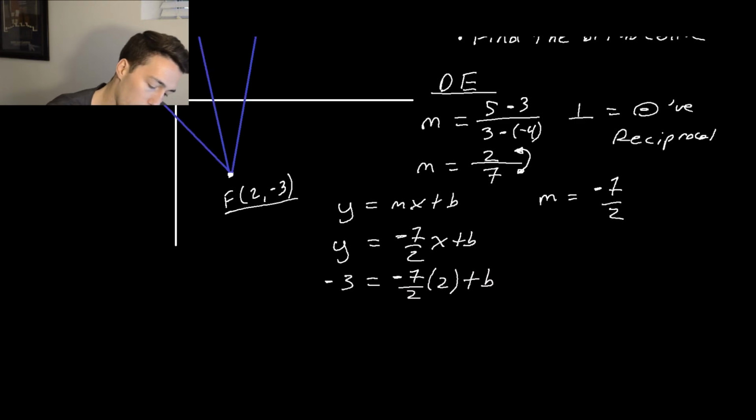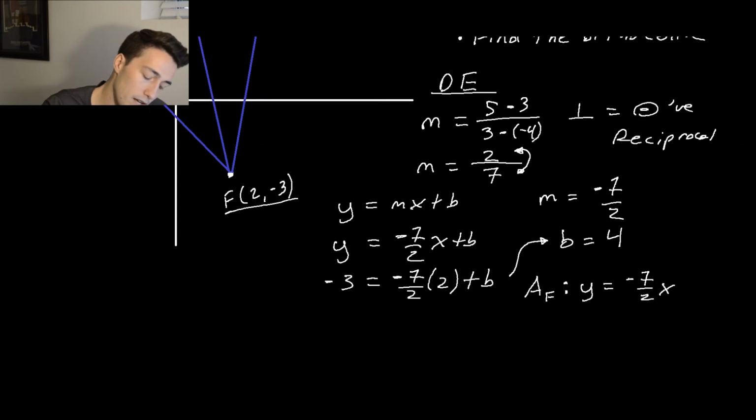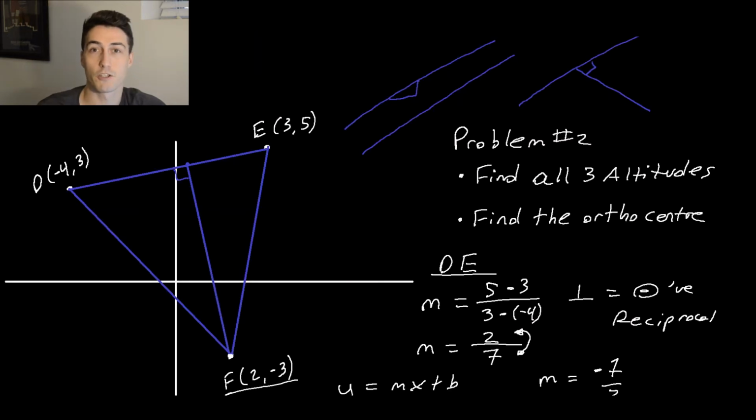So negative 7 over 2 times 2 is negative 7. If we bring the 7 across, we're adding 7 to negative 3, so our b is going to be 4. So the altitude of F is y equals negative 7 over 2 x plus 4. So that's the first altitude.